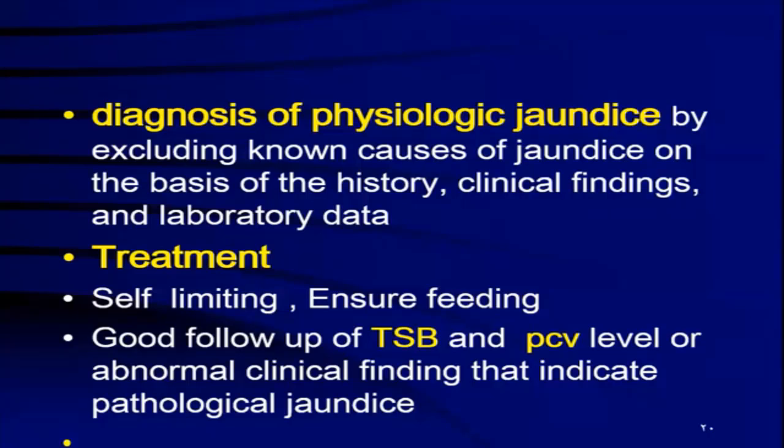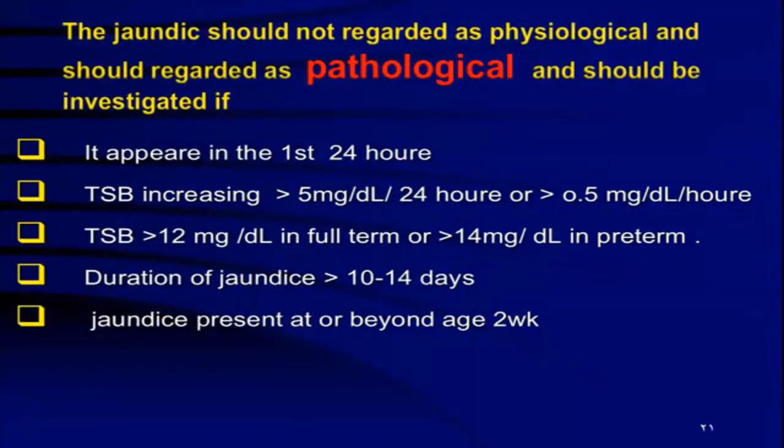Here I mention PCV because it is very important to follow up the PCV. When there is a severe decrease in the PCV, it may indicate hemolysis, which may indicate blood group incompatibility or hemolytic disease.